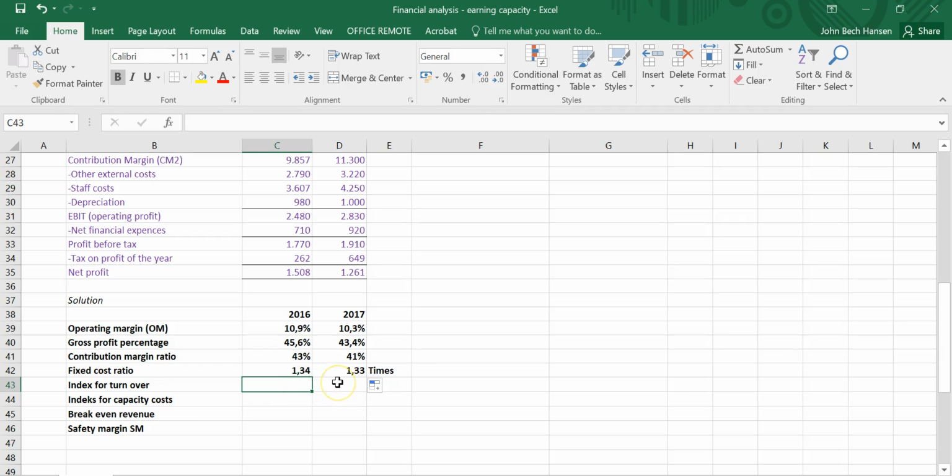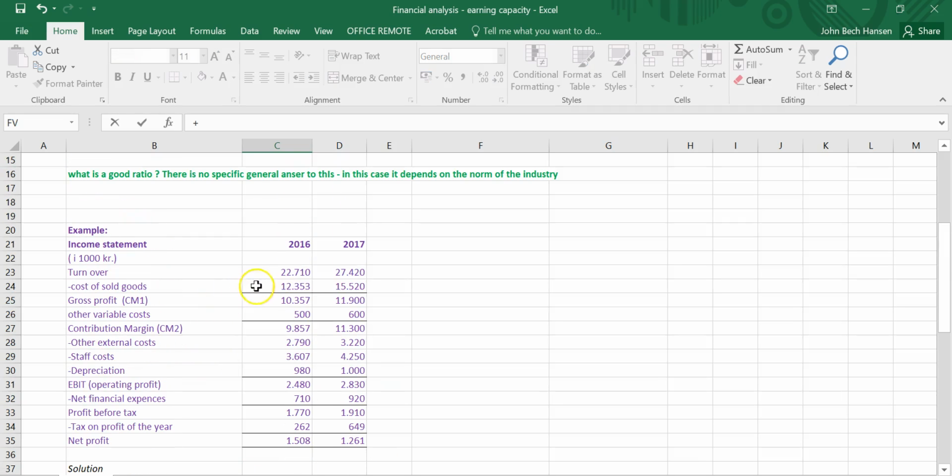Index for turnover. It's telling us the development rate over the years of, in this case, the turnover. So I will say turnover multiplied by 100 divided by turnover.